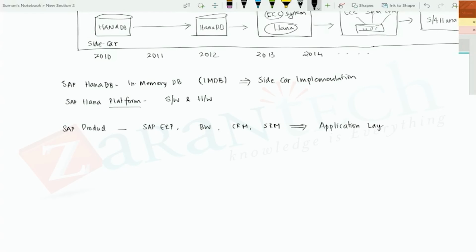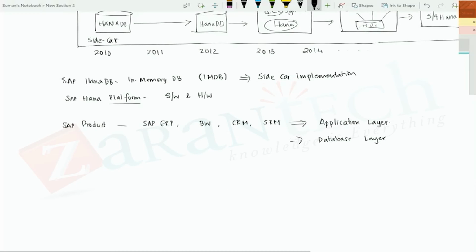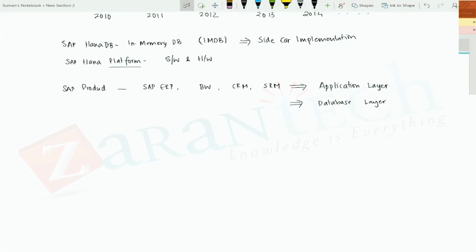In order to understand this difference, there is an application layer and a database layer to any product. To understand that better, let me quickly take a small diversion and talk about the SAP architecture, so you will understand what I'm referring to here.